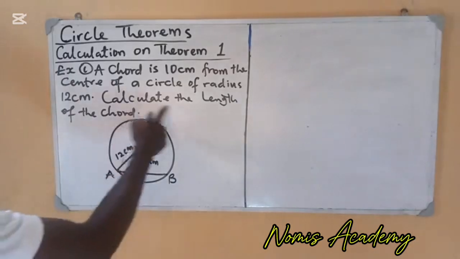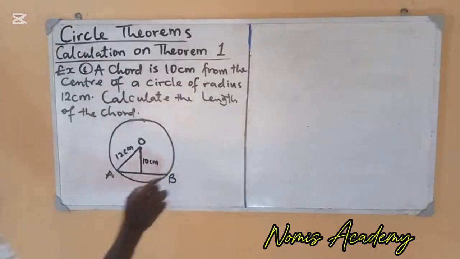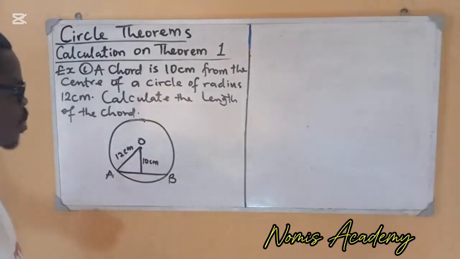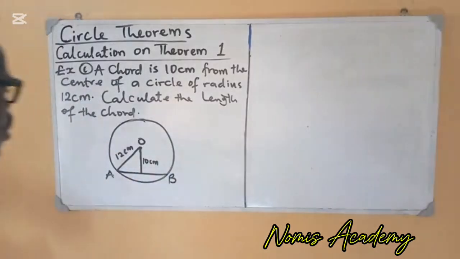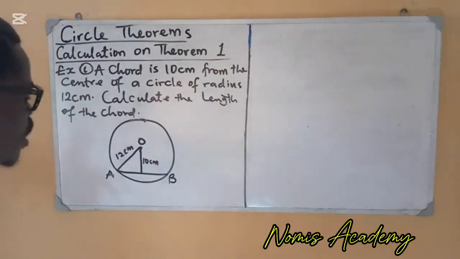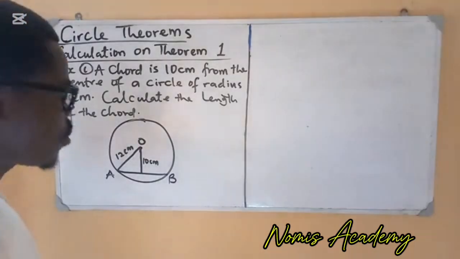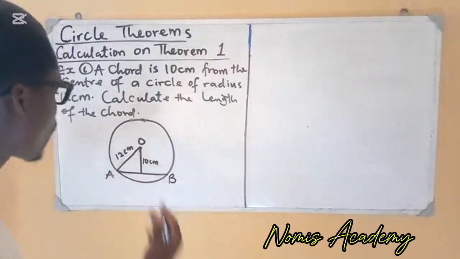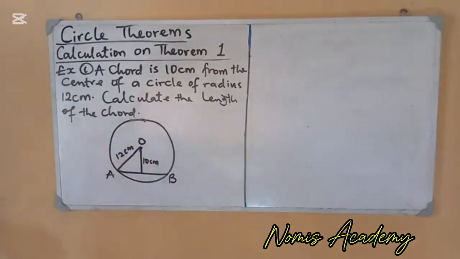Now we are asked to calculate the length of the chord. So we have to find the length AB. Now to do that, we are going to be using Pythagoras theorem to find the length of the chord.